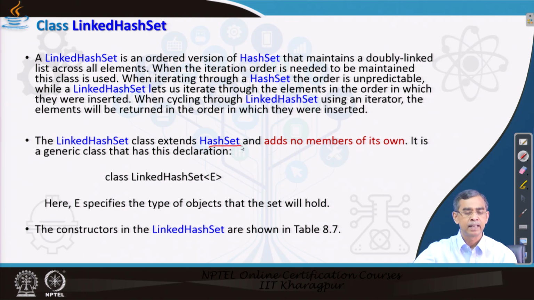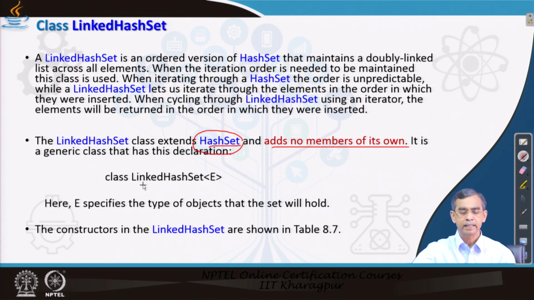Hash set is one class that we have discussed, and this is another form, and this linked hash set does not have any member of its own. Whatever methods are there in hash set are basically methods of linked hash set.